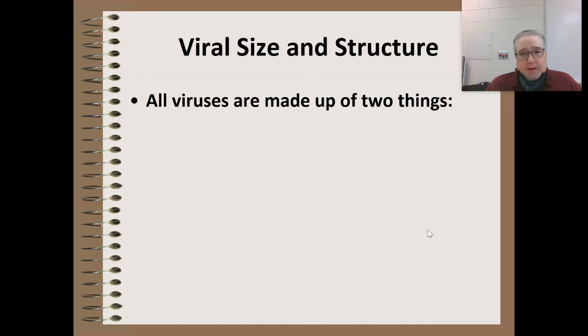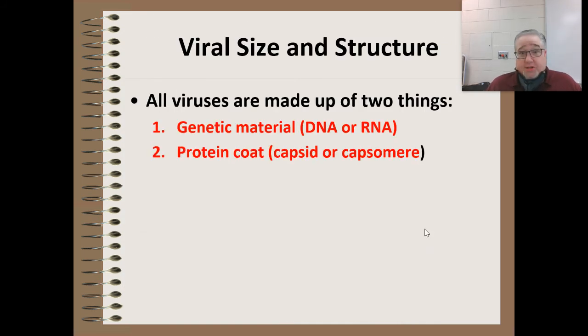All right. Now, when it comes to a virus and its structure, viruses pretty much are made up of two things. Every virus is made up of these two things, but there's other things too that some viruses are made of and others aren't. But every virus has its own genetic material. They have their own DNA. Some viruses have RNA. Those are called RNA viruses.